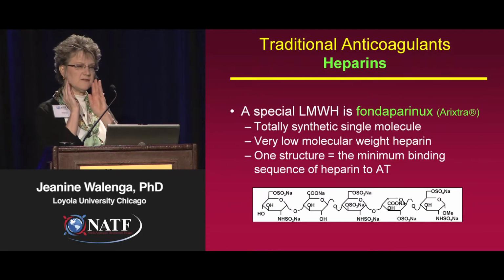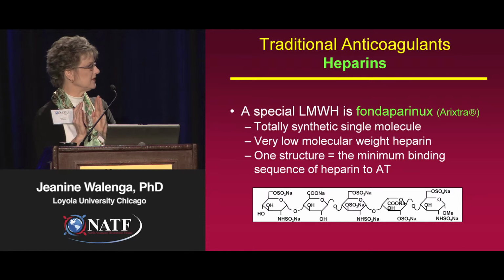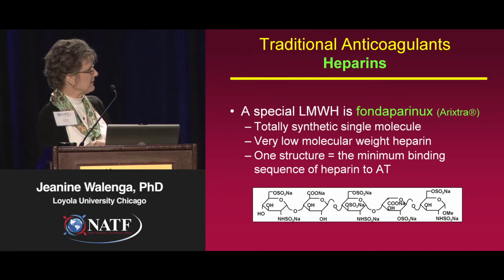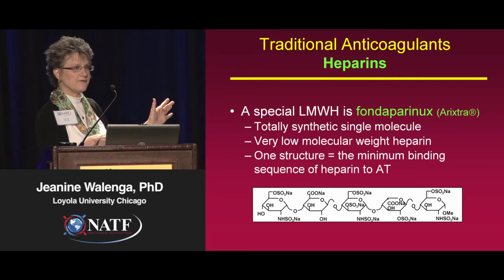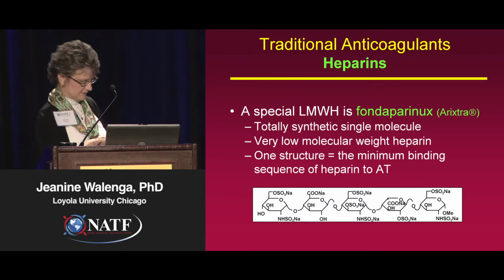If we go to even smaller, so we don't even have low molecular weight, we have almost what you call an ultra-low molecular weight heparin with only 5 of these saccharide units linked together. We have the drug called fondaparinux or Arixtra, but you can see it's all derived from heparin. So we've got 3 different types of anticoagulants, but all derived from heparin itself.